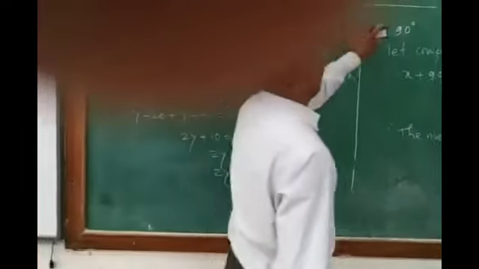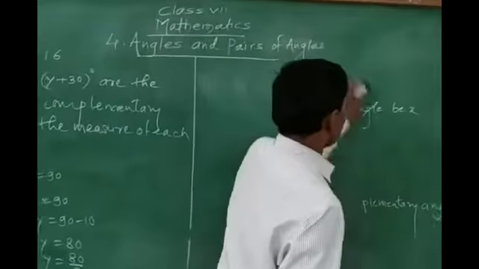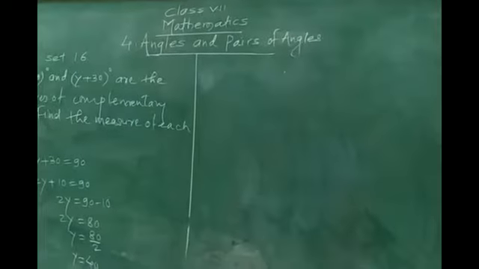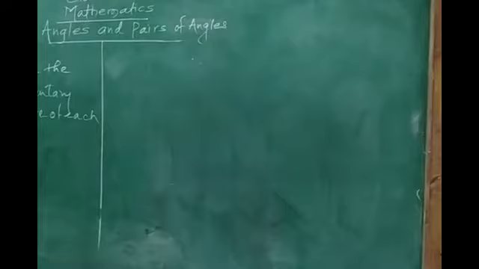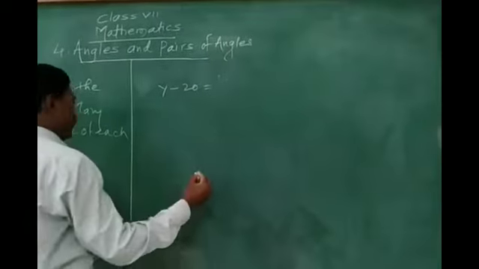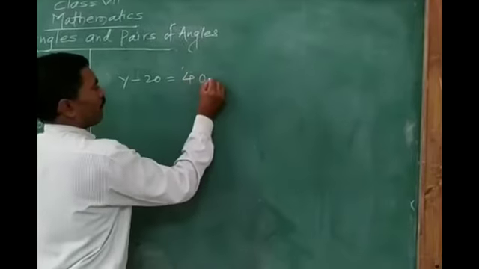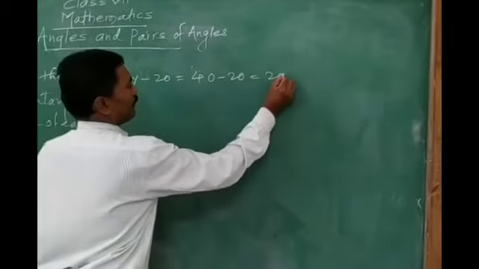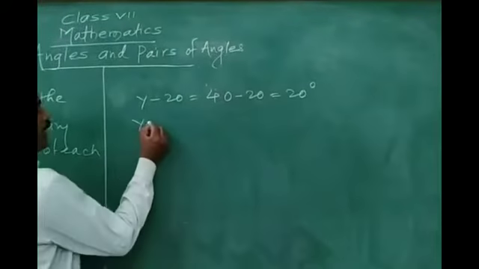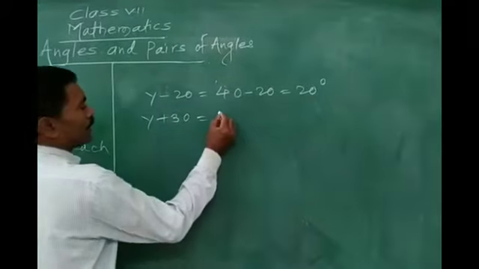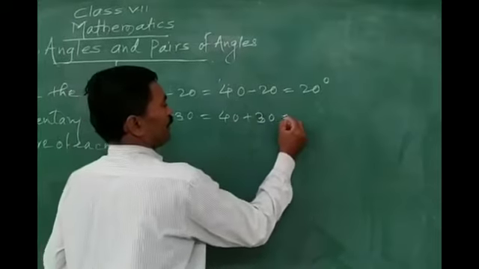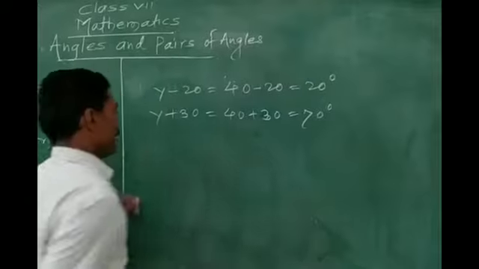Now we will find the measures of each angle which is given there. The first angle is y minus 20. The value of y is 40, therefore 40 minus 20 is equal to 20 degrees. And the other angle is y plus 30, which is 40 plus 30, equal to 70 degrees.